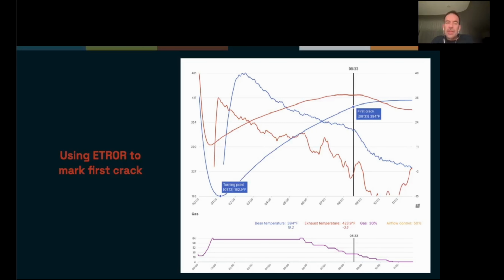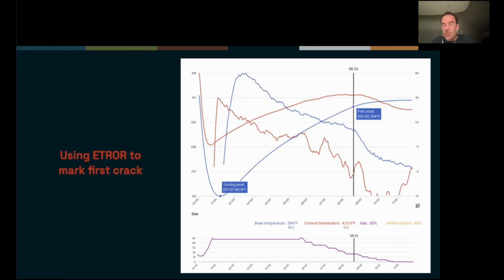So there's a bit of debate about if you are marking first crack audibly, do you mark it the very first time you hear a pop? Do you wait for a rolling crack? Assuming you can see the ETROR indicator of first crack, please use that. It is objective, consistent. It takes all the guesswork out of marking first crack.